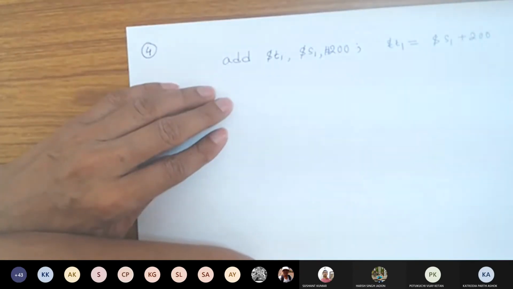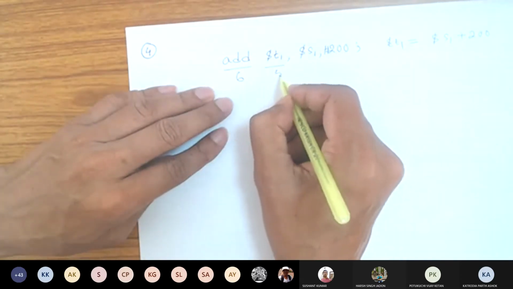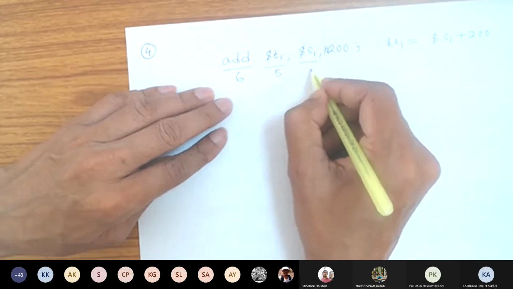What will be the size of the immediate field in case of add? This is 6 bits, this is 5 bits, this is 5 bits.